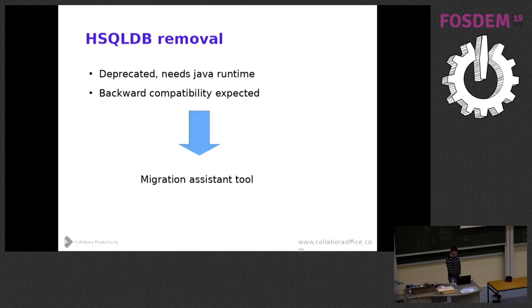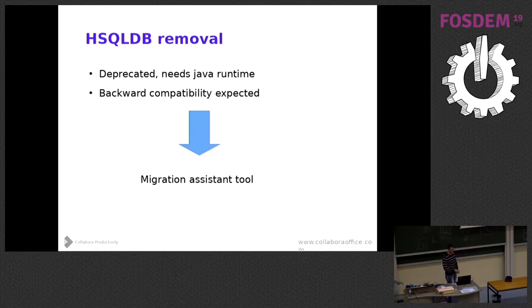Okay, after upgrading the Firebird driver, there is this need that we should get rid of the HSQLDB because of the Java dependency. That's a tricky thing to do because one thing that is really needed from the users is to ensure that their files are usable in the future as well.